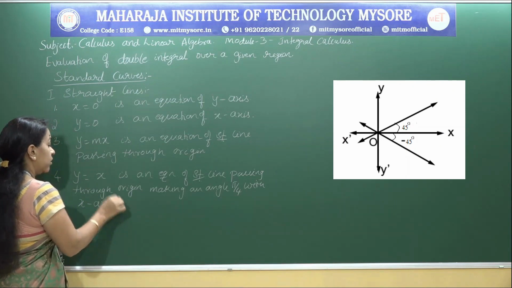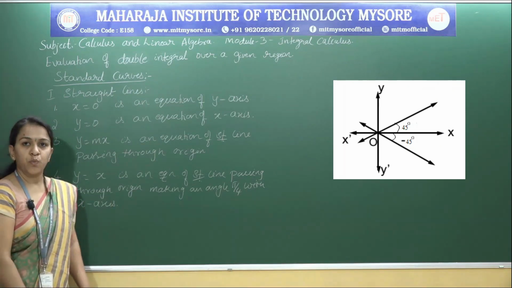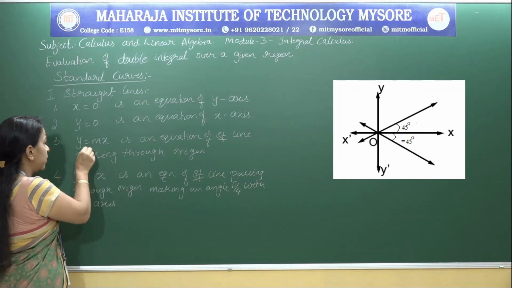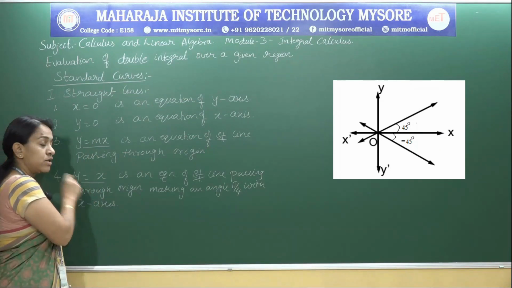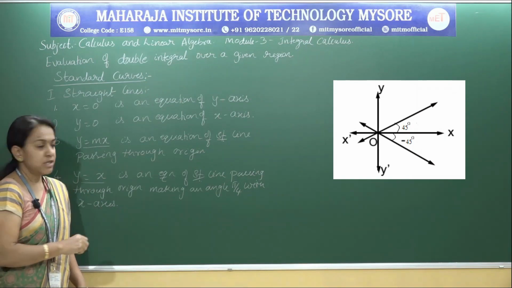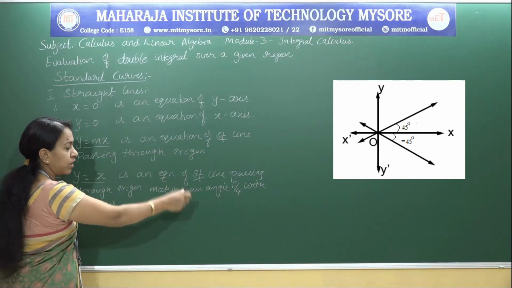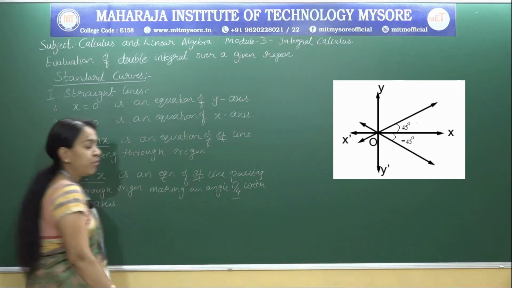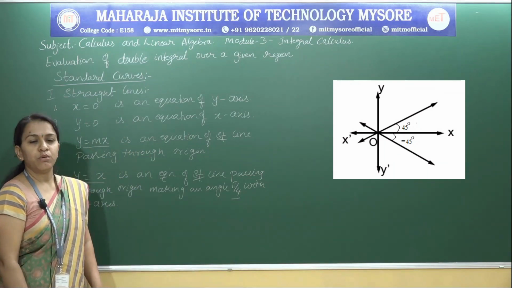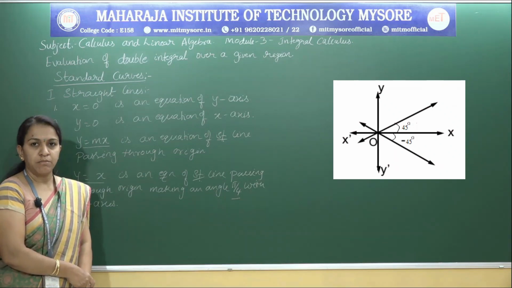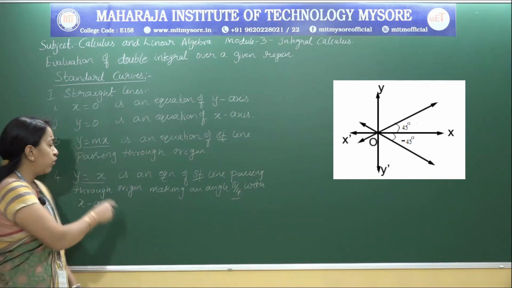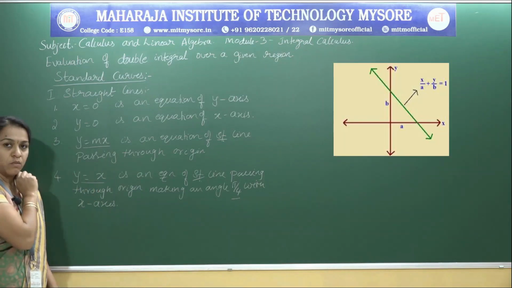So your slope reduces to 1. The difference between y equal to mx and y equal to x is that the slope of the line will be 1, because it passes through the origin and makes an angle pi by 4. Therefore m equal to tan pi by 4 is the slope. So tan pi by 4 equal to 1. Therefore your m reduces to 1.